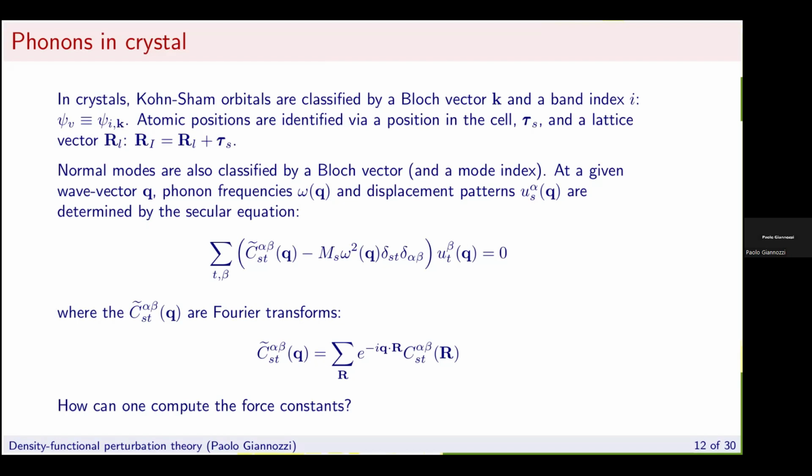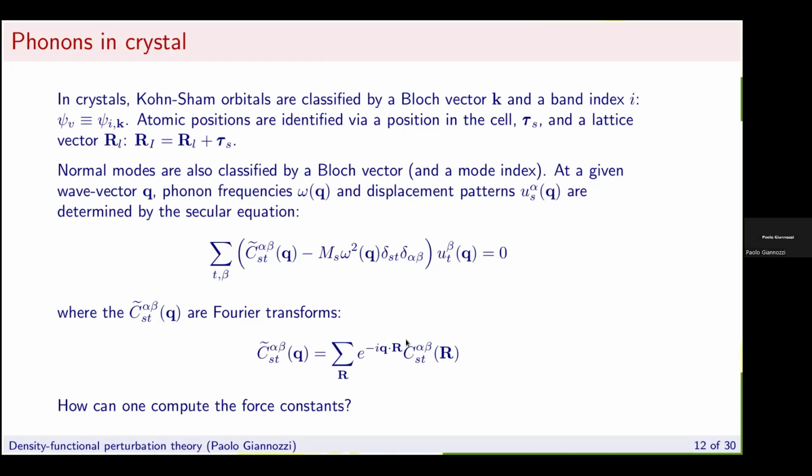We can write atomic positions as a lattice vector plus a vector for each atom. Now, it turns out that normal modes, which are called phonons in crystals, are also classified by wave vector. They also have a mode index. Well, there are 3 times the number of atoms in the unit cell phonon modes.